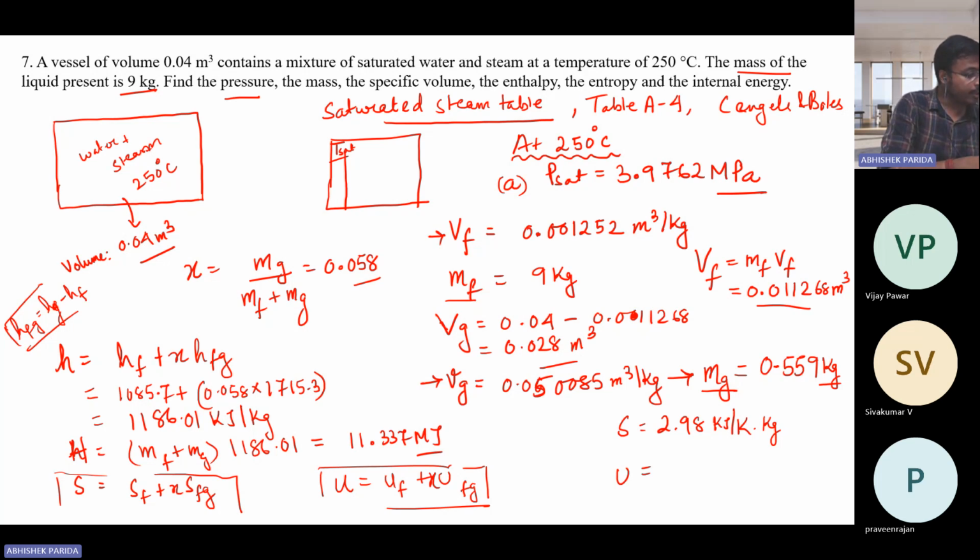Yeah. So you are right. I'm also just checking. Specific internal energy is 1171.71 kilojoule per kg.